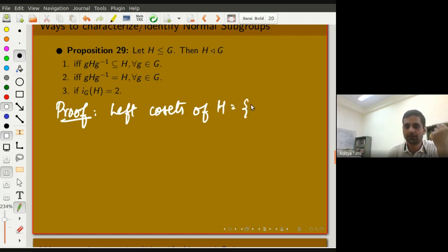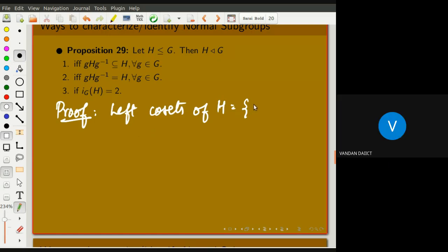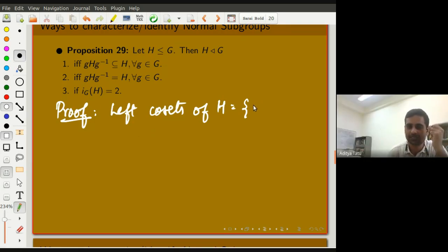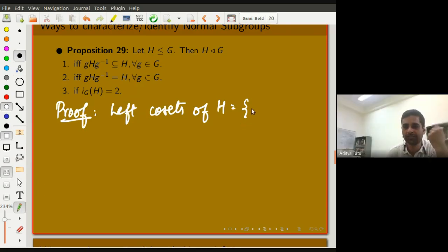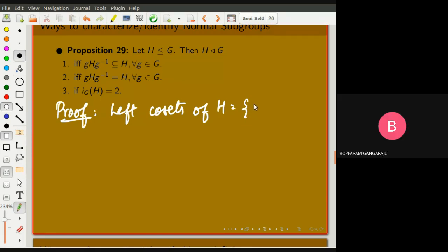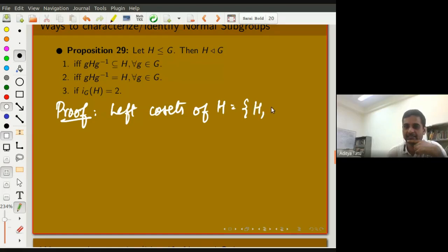They are gH, where g is a small g belonging to G. But in this case, what is given to you? How many distinct cosets are there? Two. So out of these two, what would one coset be? One is H. And the other, let's say, is AH, where, what do we know about A?